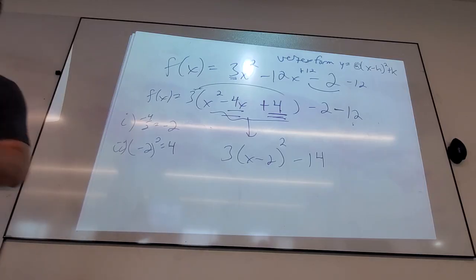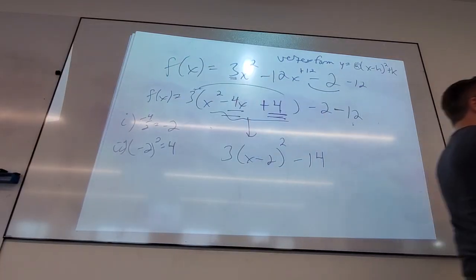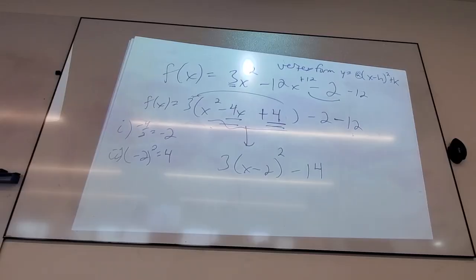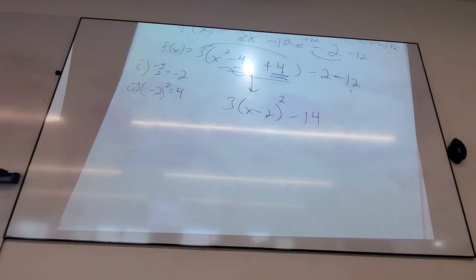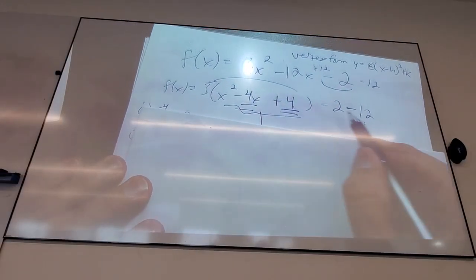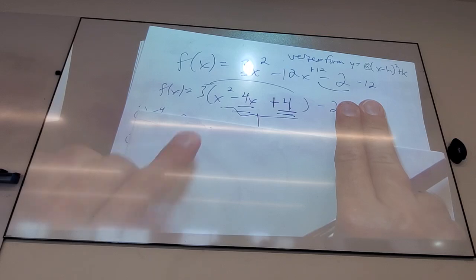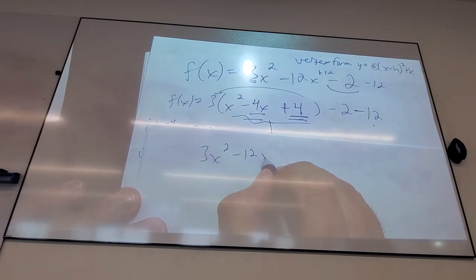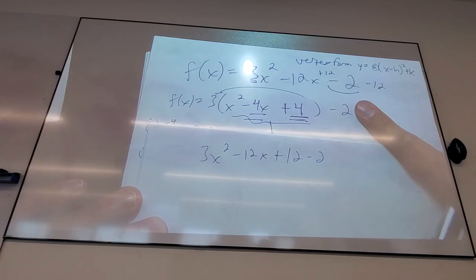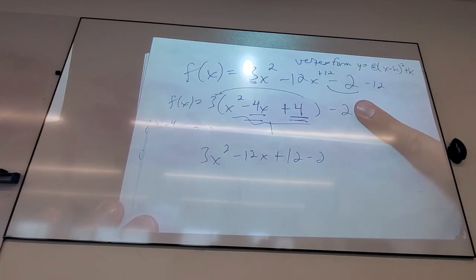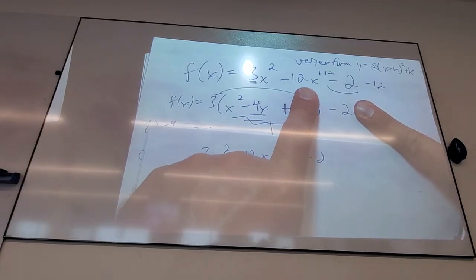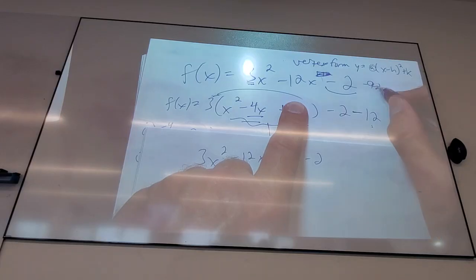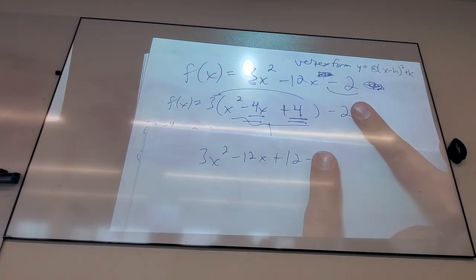Real quick, you would never do what I'm about to do. There would be no reason, but let me show you. If I were to multiply this out, I would get 3x squared minus 12x plus 12 minus 2 before I did that, right? So how did we change the original problem?